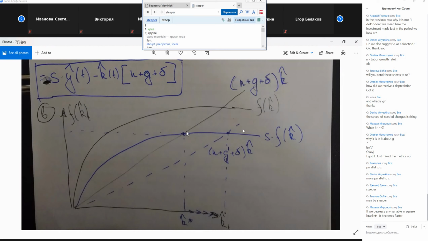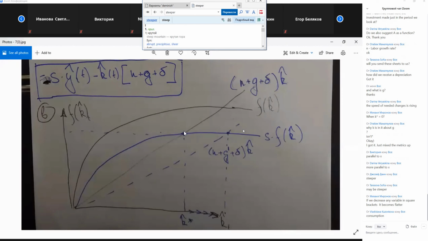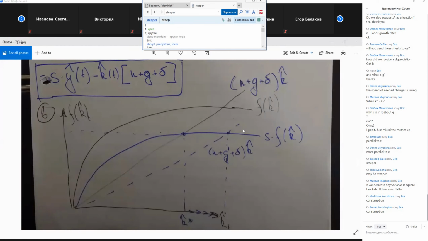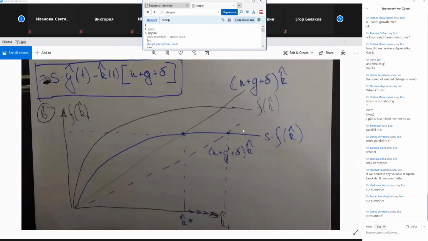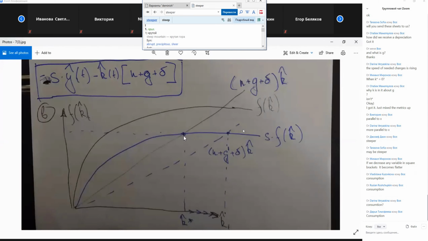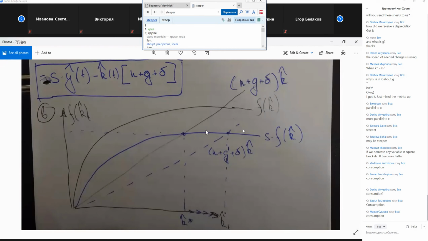What's the difference between the black and blue line? In between here, what can we see? What is this? Consumption, exactly. So this is consumption here.